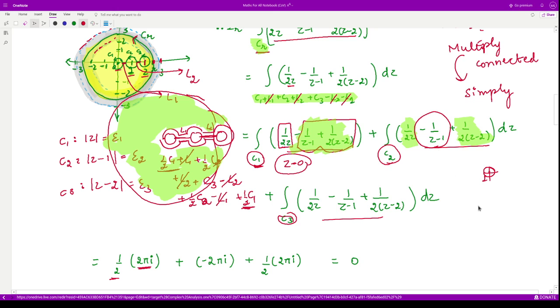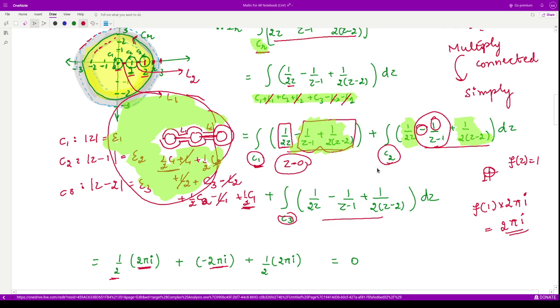So according to Cauchy's integral formula, its integration would be f of 1 multiplied by 2 pi iota. And what was our f? f of z was simply 1 in our case. So that is why we have this thing as equal to 2 pi iota. So this value is simply 2 pi iota with a negative sign. Why? Because here we have a negative sign, right?